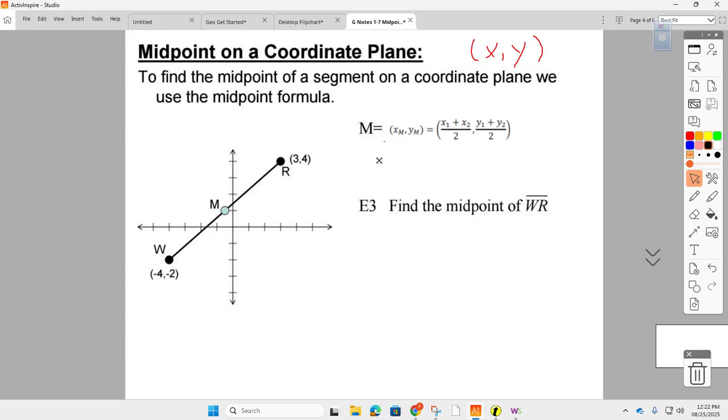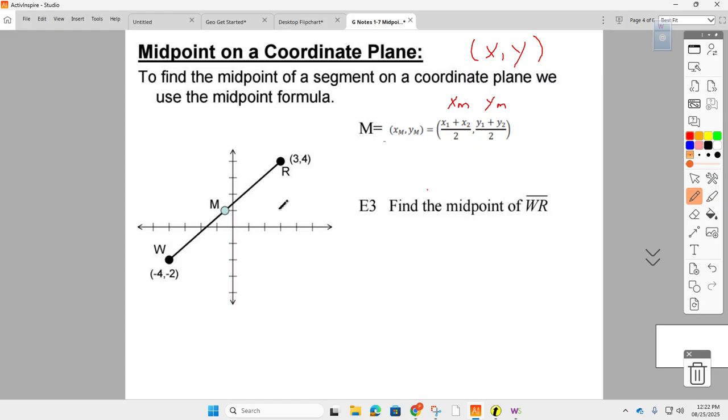You'll see there's a comma there, so there are two separate little formulas in here. This first part is the formula for the x-coordinate of the midpoint. This part is the formula for the y-coordinate of the midpoint. So we're going to work those separately. I'll show you what I mean by that.